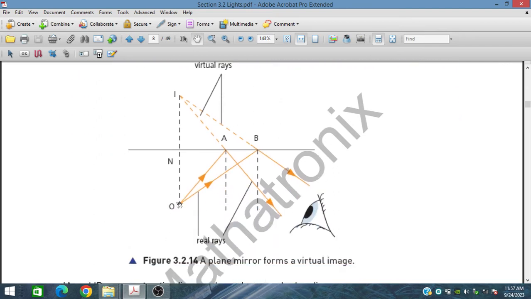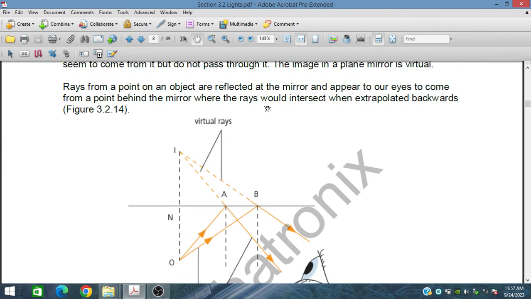So this is an object and it appears here, and this point appears here, and our eyes can see this, so the image will be formed here. This is the angle of incidence and this is the angle of reflection. Similarly this is the angle of incidence, this is the angle of reflection. Because of this we can see this object. So this is a virtual ray which is formed.